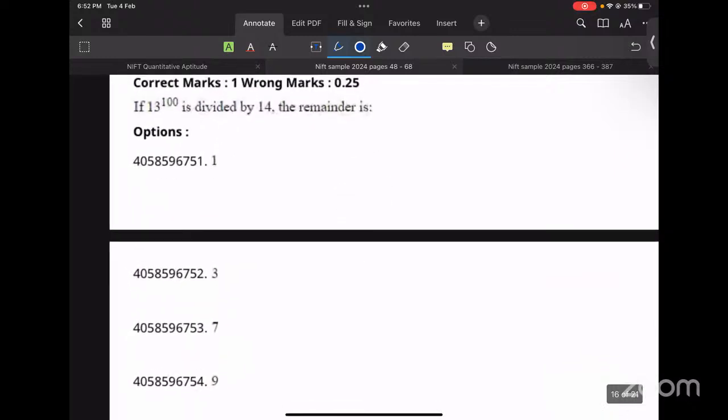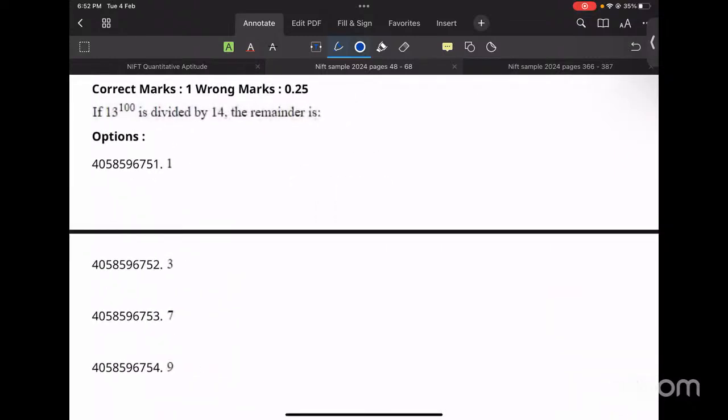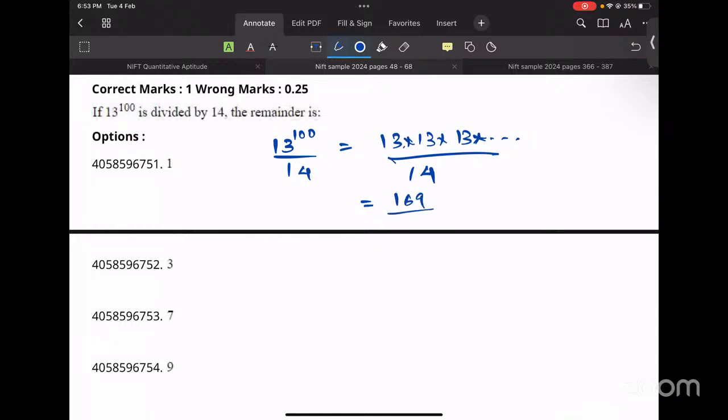Next question: 13 raised to 100 divided by 14. It is not possible to find 13 raised to 100, but you can convert it: 13 into 13, 100 times, divided by 14. 13 into 13 is 169, so it's 169 raised to 50, that is 169 into 169 into 169 and so on, by 14.